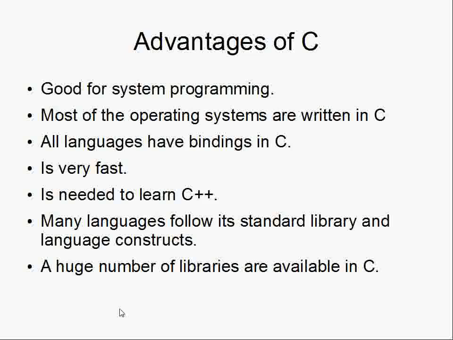Now these two things incur a penalty on the runtime performance. Now definitely there are advantages of that, but when you need raw performance, you must do it fast. Then C is the best choice you have.